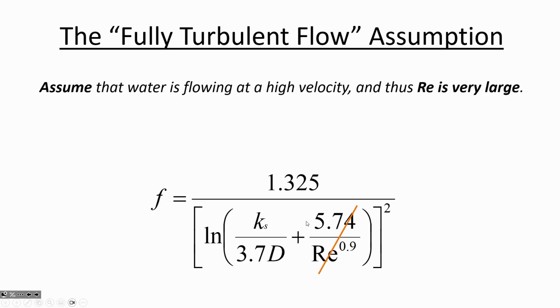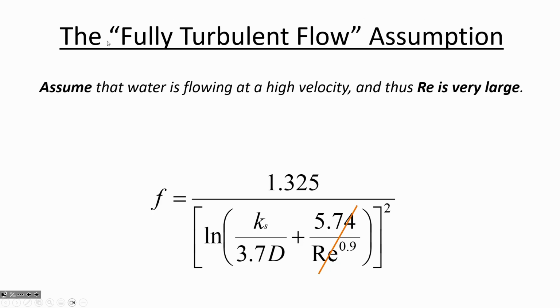So in other words, if Reynolds number is big, then this term goes to 0, or effectively 0, if it's very large. And then we could calculate the f value just by looking at 1.325 over the log of k_s over 3.7 times D, squared. We just pretend like the second term is not even there if conditions are fully turbulent.